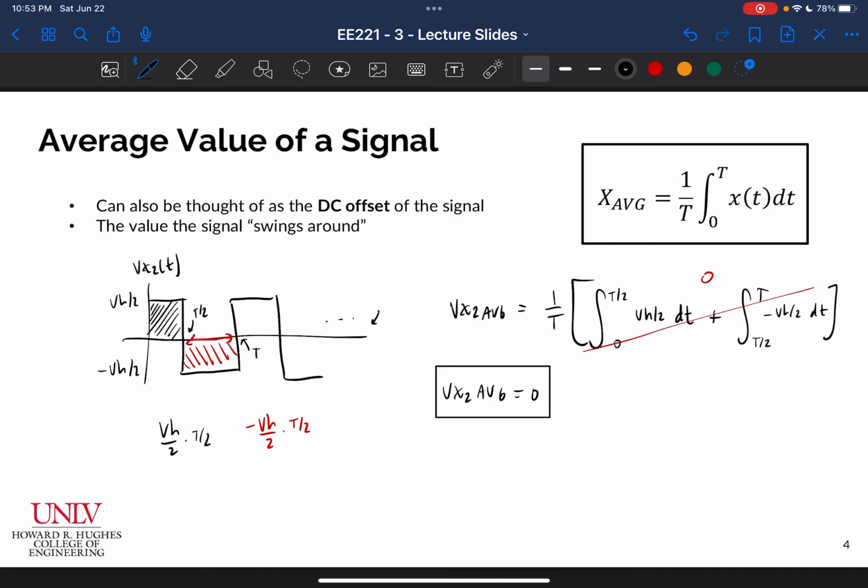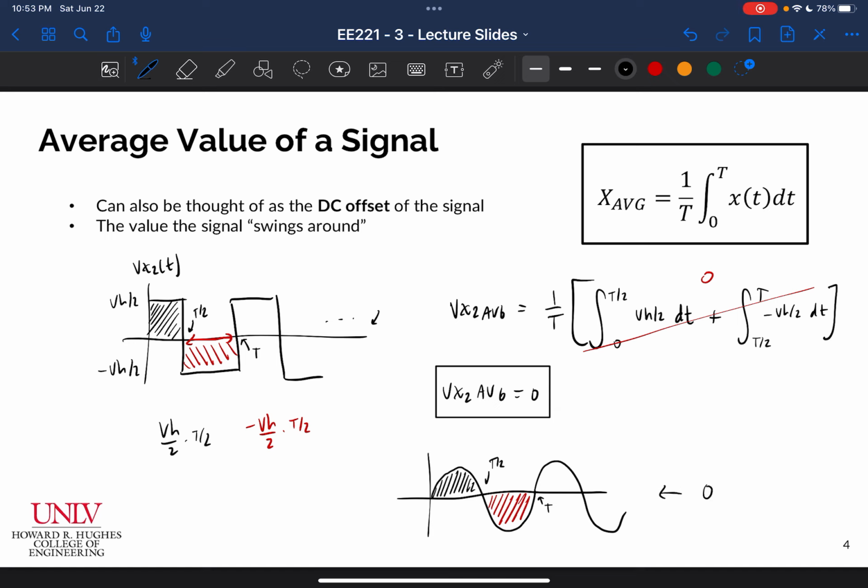Sine waves in particular do the exact same thing, because any time the positive area and the negative area cancel each other, like this, with T over 2 here and T here, obviously the computation would be a little more rigorous because of the sine wave, but nonetheless we have a positive and a negative area equal in size that cancel. So the average value here would be 0 as well.